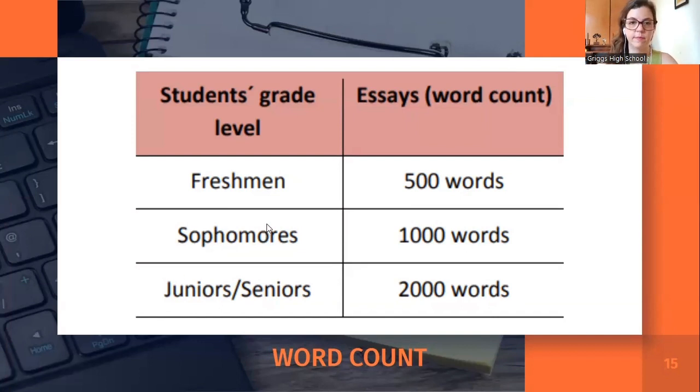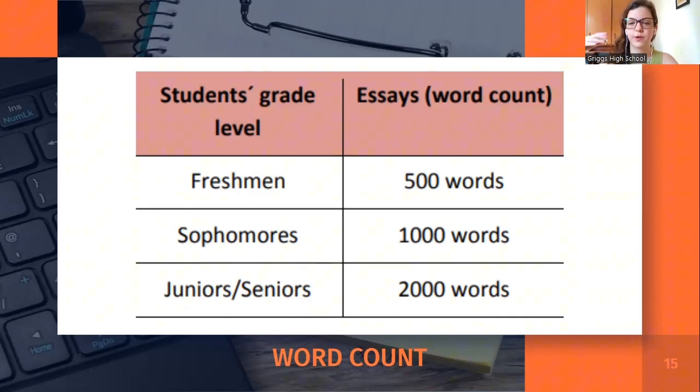But you may have sophomores. In this case, they're going to write 1,000 words, which is challenging. Or you may have juniors and seniors, like every time I taught health, they were juniors or seniors.